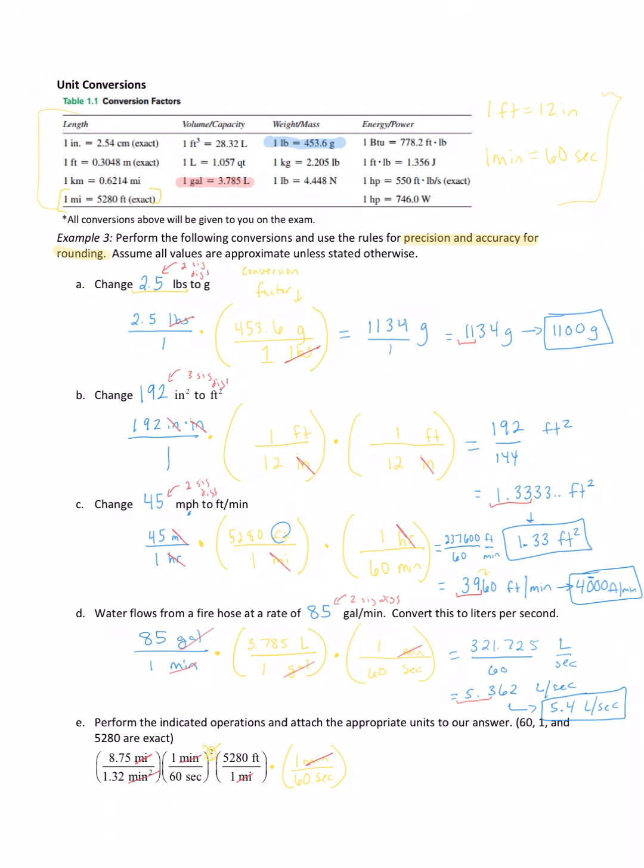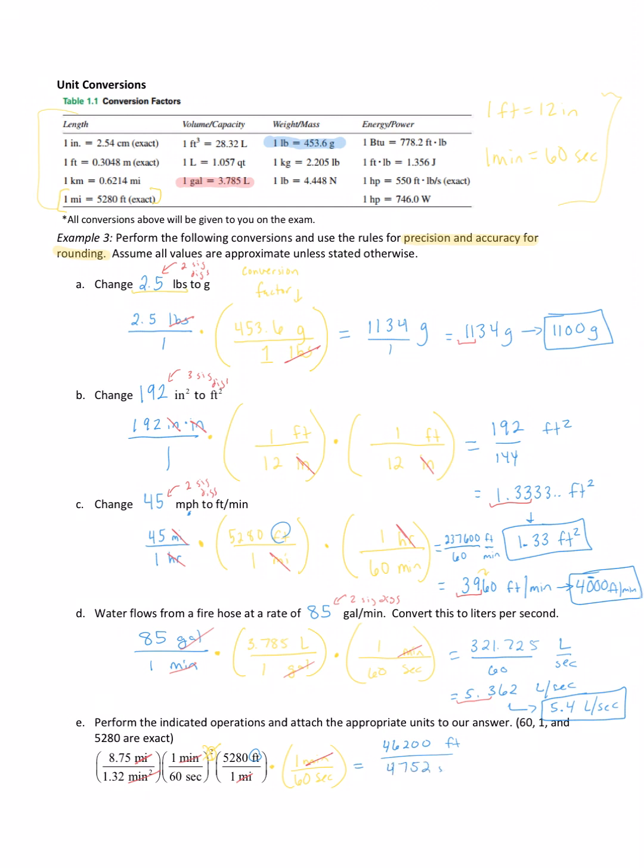Now in this case, we just have to multiply the numerators, multiply the denominators. So in the numerators, 8.75 times 1 times 5,280 times another 1 leaves us with 46,200, and we have feet up there. And we have to divide it by 1.32 times 60 times 1 times another 60, which is 4,752.